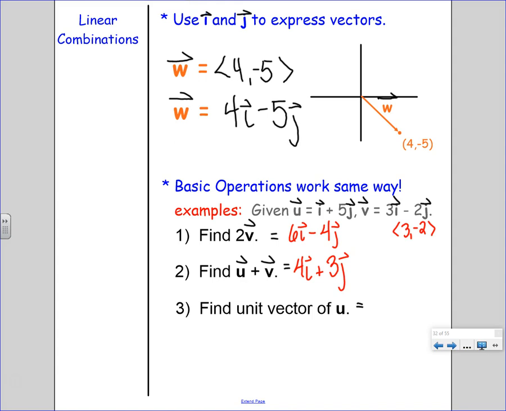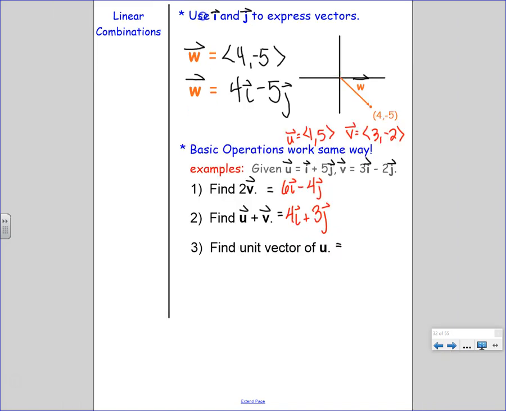Once again, if you don't like the linear combination, you could rewrite your vectors in those components that we worked with earlier. And you could do your math and say, okay, you double them: 6, negative 4, and then write them in a linear combination form. You could do 1 plus 3 is 4, 5 minus 2 is 3, and then rewrite them. That works too.